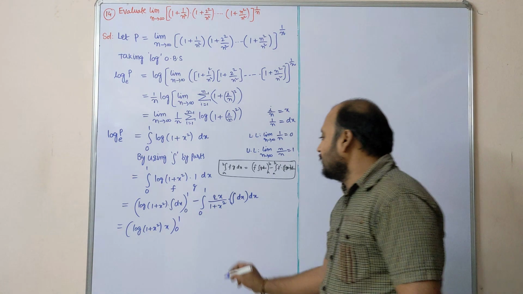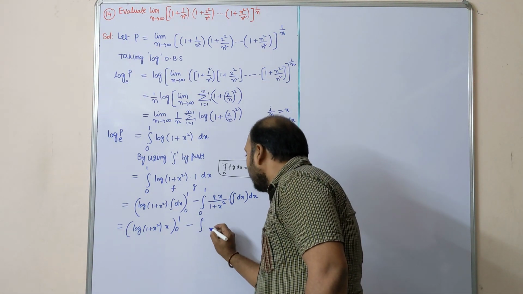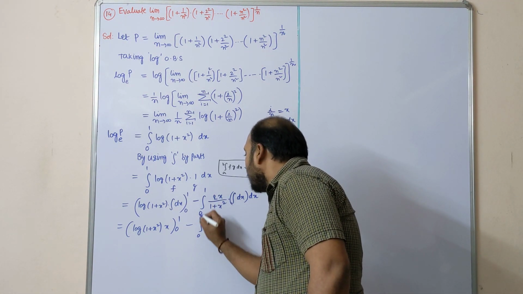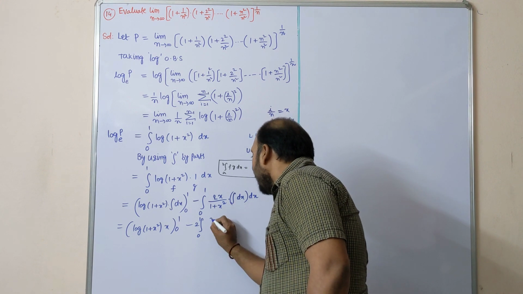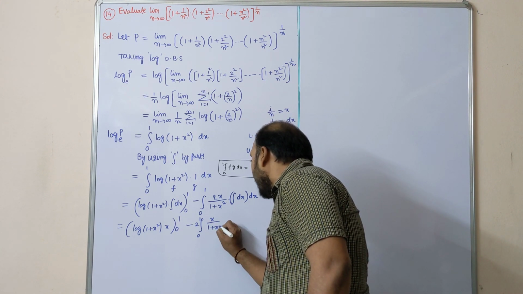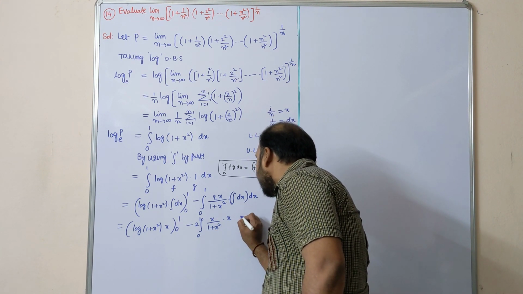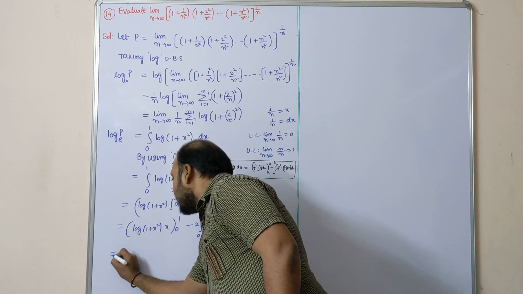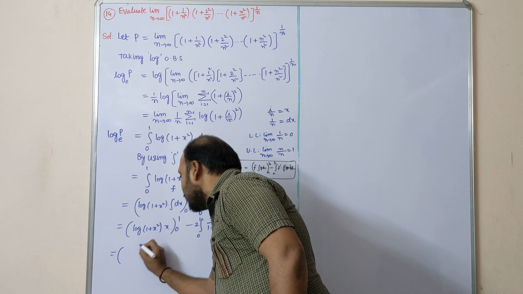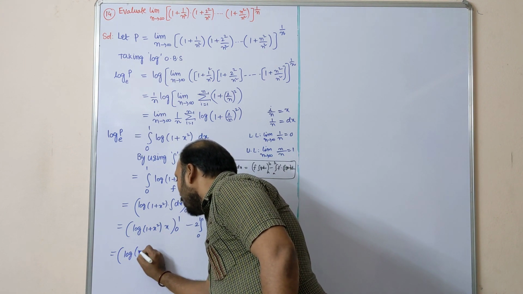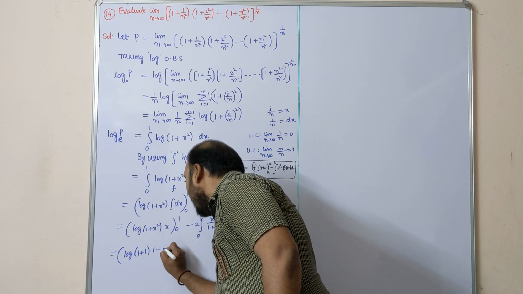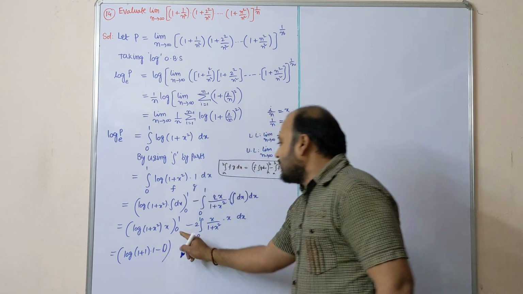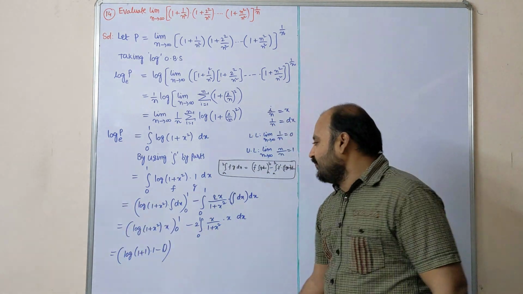to 1, minus integral 0 to 1, 2 constant we can take aside, x by 1 plus x square into integral dx, which is x, whole dx. That is equal to, first for the upper limit x is equal to 1, substituting, log 1 plus 1 into 1, minus for x is equal to 0, substituting 0, everything is 0.